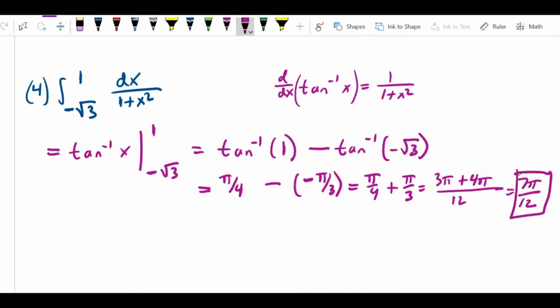There we go. So that's the definite integral of this function 1 over 1 plus x squared on the interval negative root 3 up to 1. I just want to write this a little neater before I pause. There we go, 7 pi over 12.